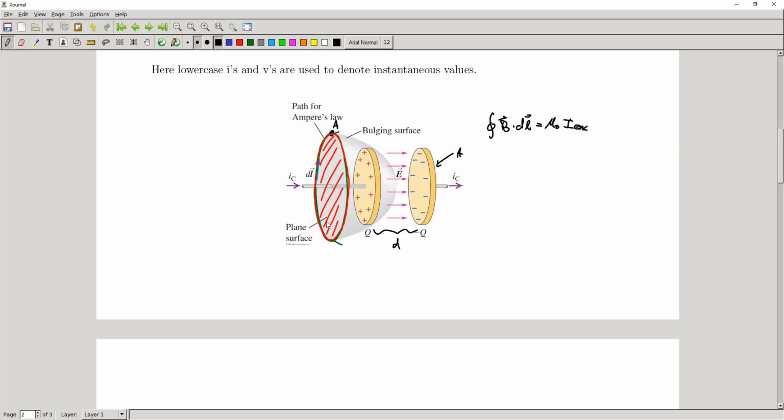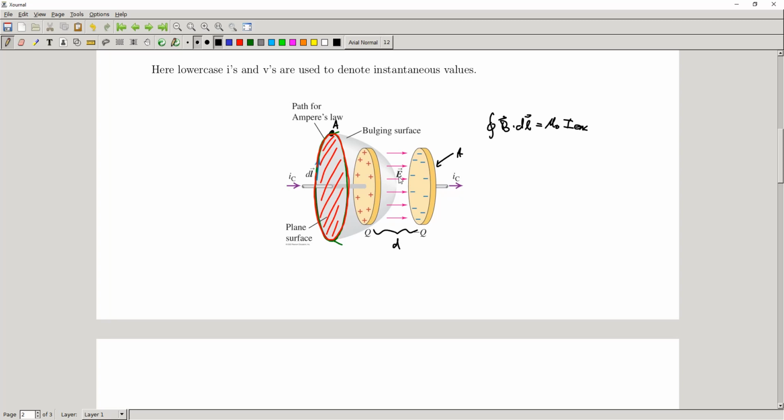When we did the disk, it worked out fine, giving an I enclosed of IC, and the big bag that I drew also ended up with an I enclosed of IC. But with this bulging surface, we ended up with no I enclosed. But now there is electric flux changing in time going through the bottom of our bowl, or whatever you want to call it.